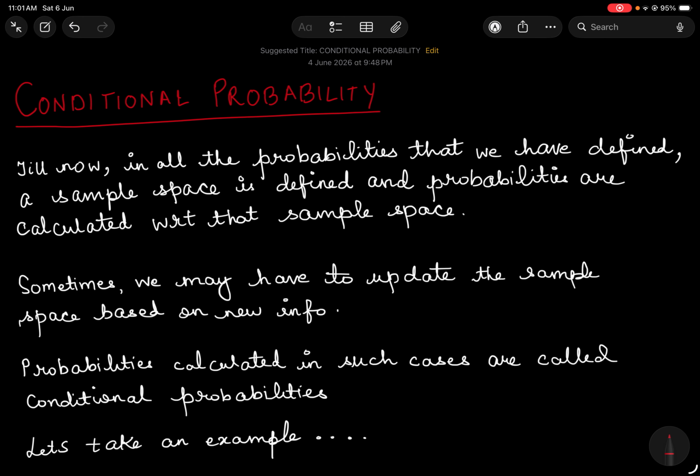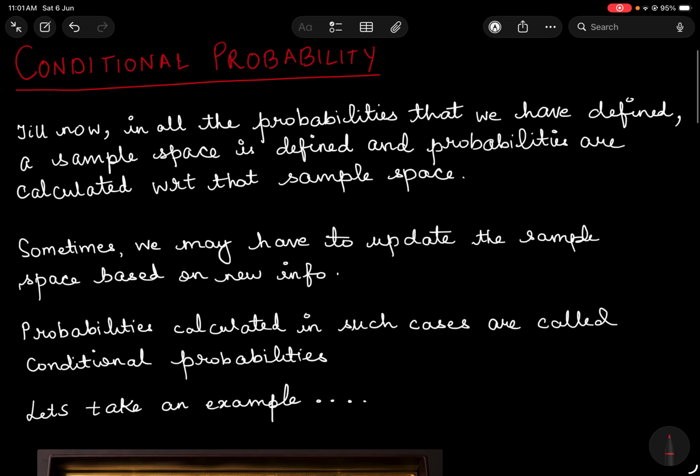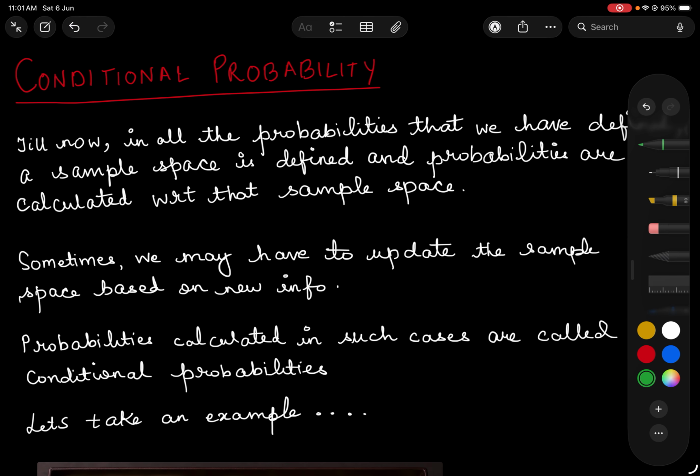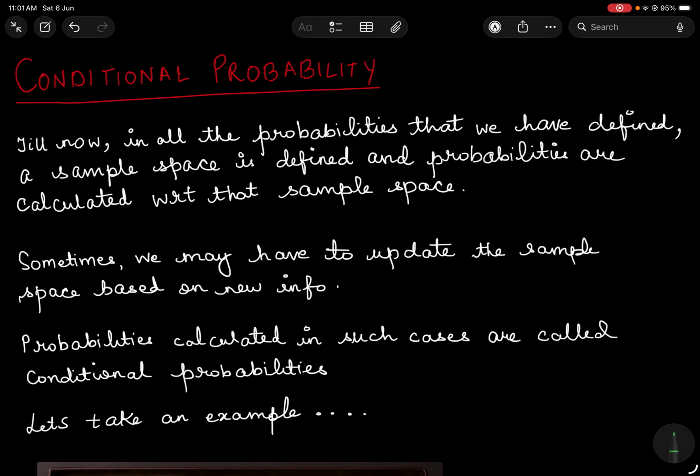In this lecture, I would like to move further to the next topic in this series, which is conditional probability. And I would like to start by saying that till now, all the probabilities that we have calculated have been defined in a sample space, right? We started with random experiments.